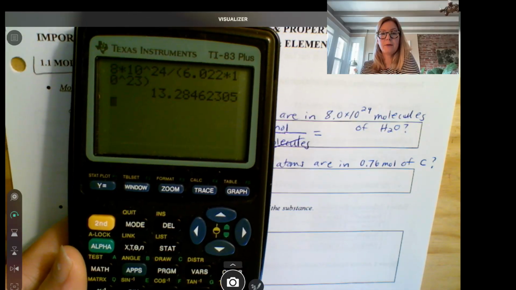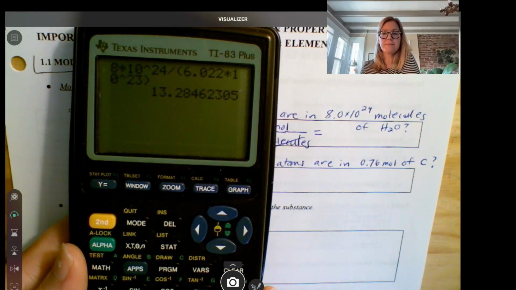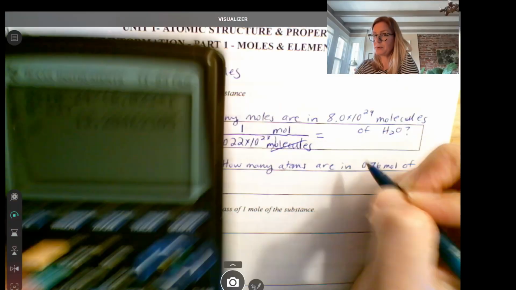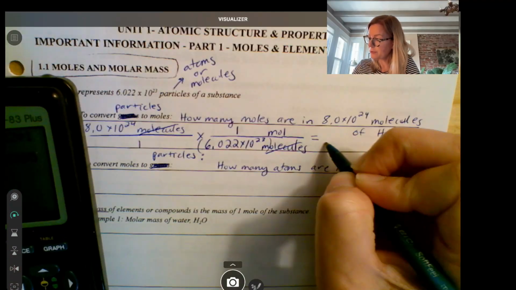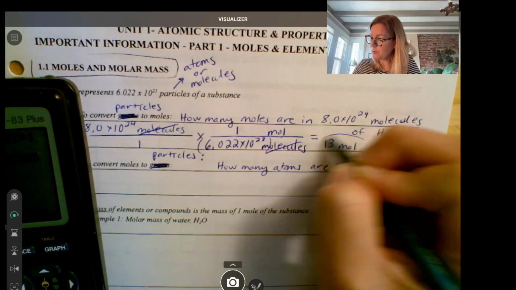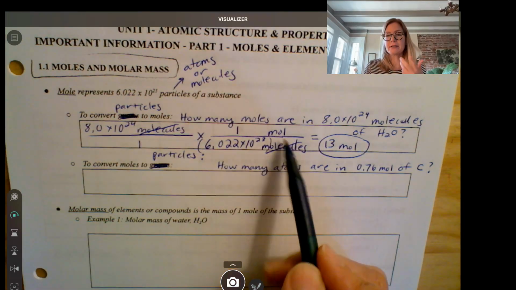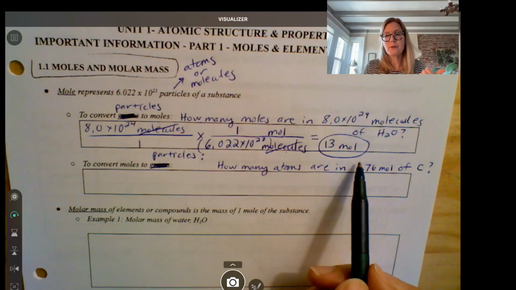And we can just round that off to 13. So that's equal to 13 moles. So molecules canceled out and our units are in moles.